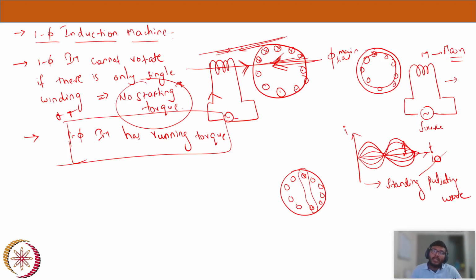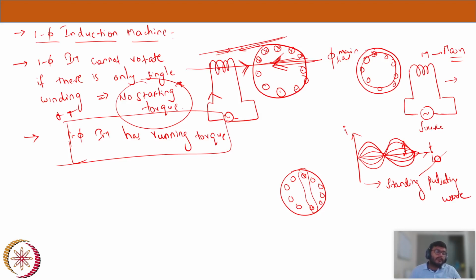We clearly saw that if there is only a single coil like this, the field generated by it will induce current in my rotor winding, which reacts to that field by passing current through it and also generates some field opposing the stator field. But with only a single coil, no starting torque would be produced. We will achieve this starting torque in my induction machine by bringing another winding along with the stator winding. That's what we will do.